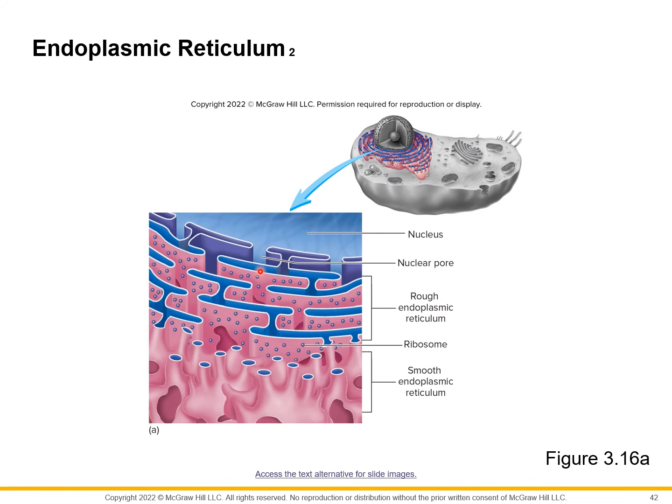Rough endoplasmic reticulum, it's rough because there are ribosomes attached. It is the site of protein synthesis. Smooth endoplasmic reticulum, it's smooth because no ribosomes are attached. And three major functions of the smooth endoplasmic reticulum would be lipid synthesis, cellular detoxification, and storage of calcium ions kung ito ay skeletal muscle.